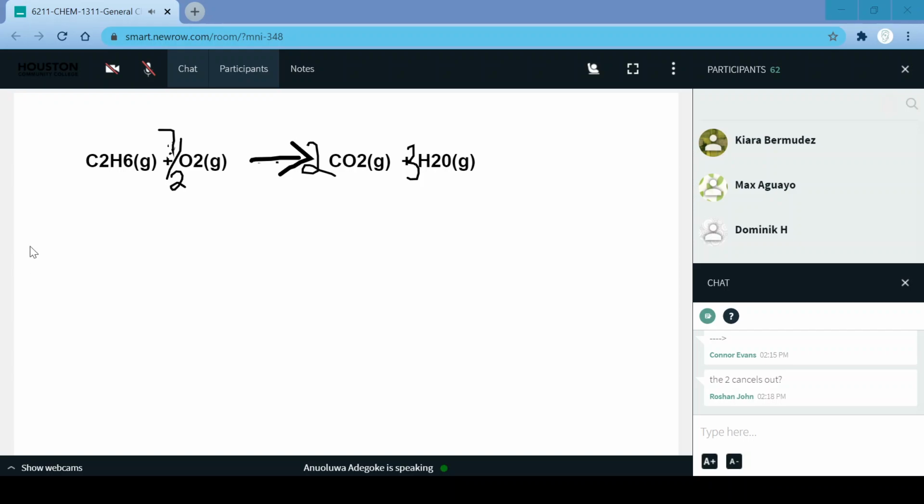We multiply everything by 2. So when we multiply everything by 2, we put 2 here. This 2 we cancel with this one, because we're multiplying everything by 2. Now, if we multiply this by 2, 2 times 2 is 4. So I'll go ahead and change this to 4.